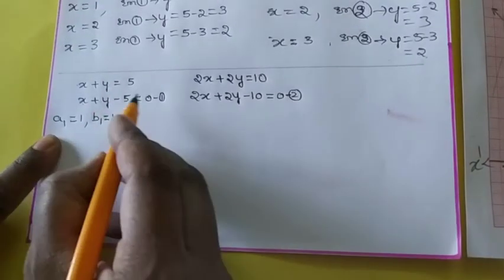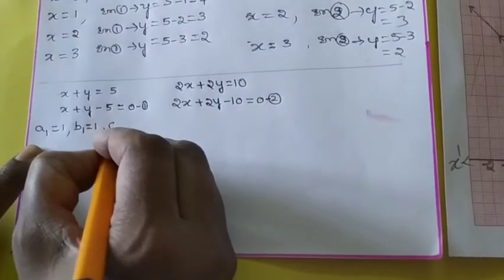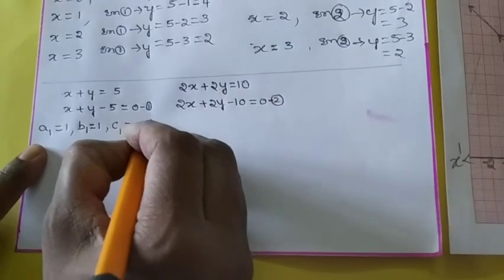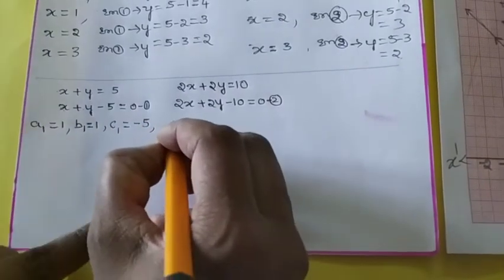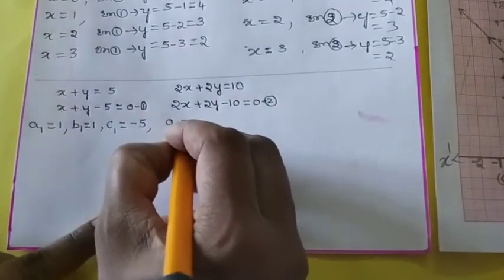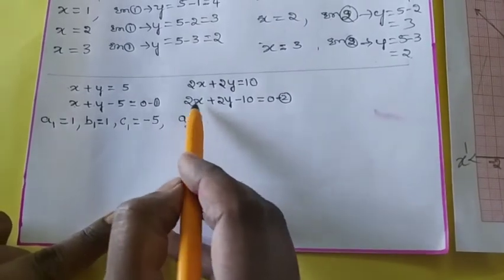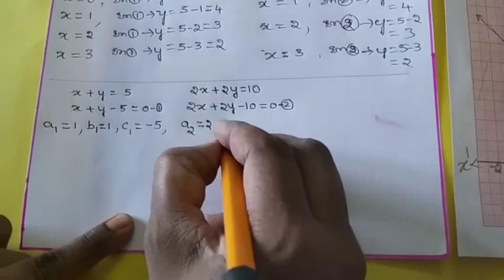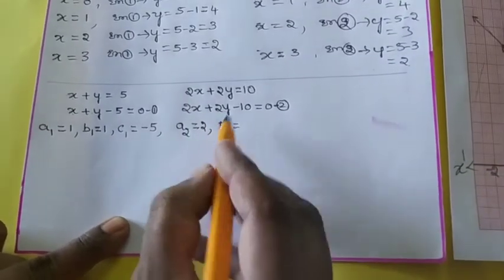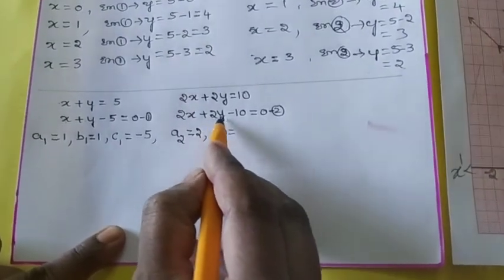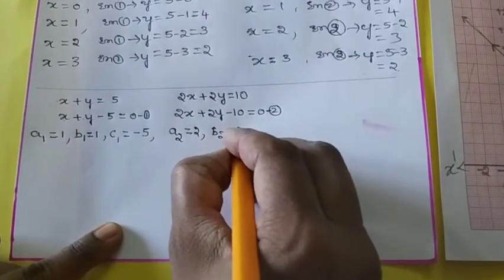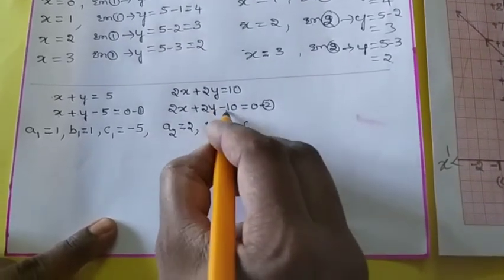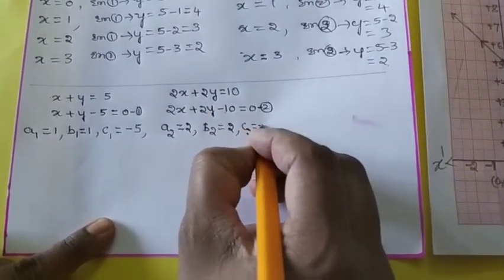Then minus 5 is c1. Then take the second equation. Coefficient of x is 2, it is the value of a2. Then value of b2, the coefficient of y, is plus 2. Then constant is minus 10 in equation 2.